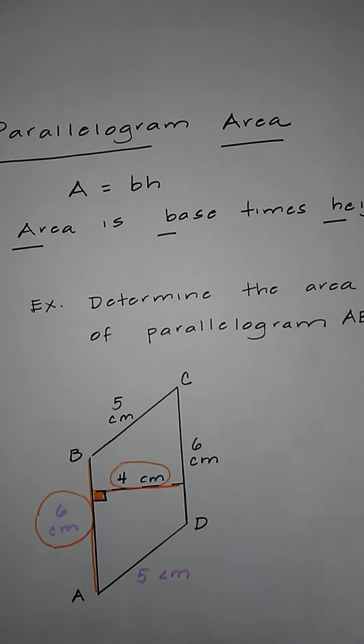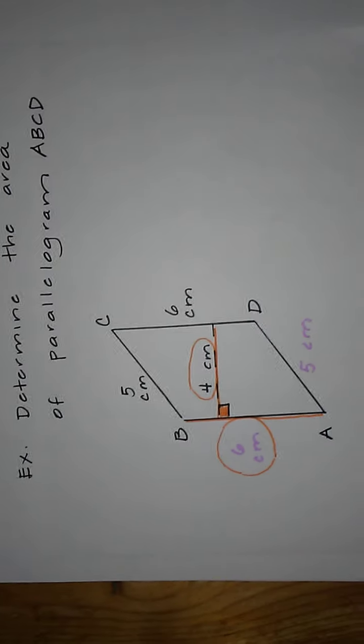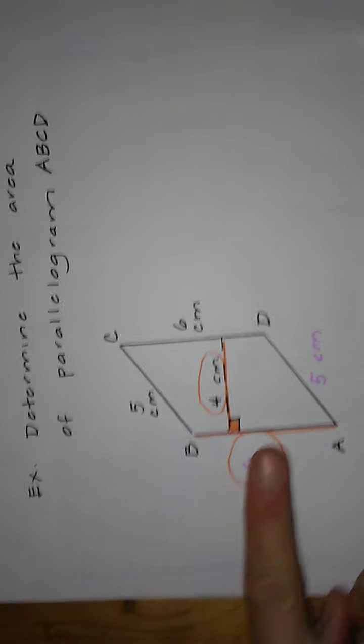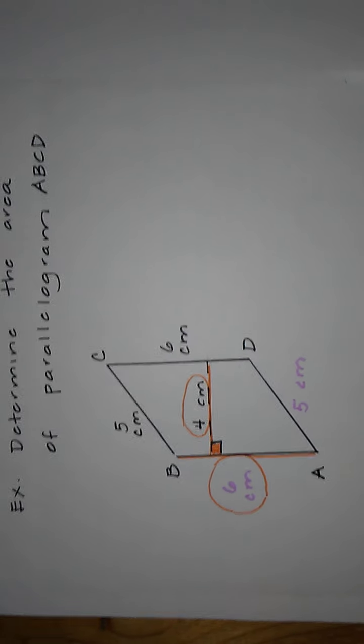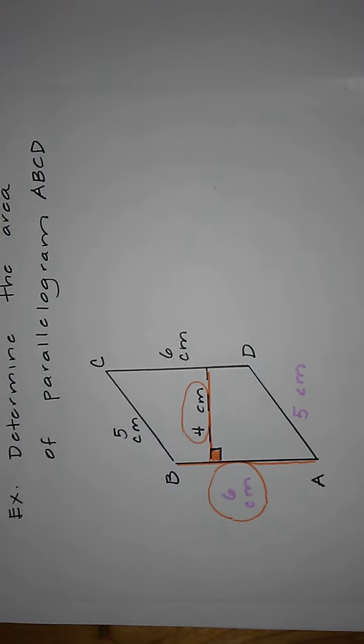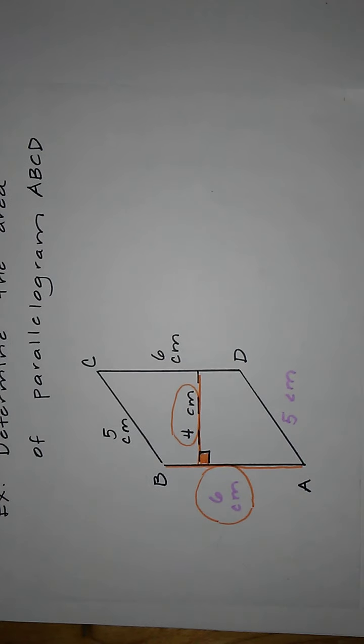Now, for many of us, it actually helps to study the diagram this way for a moment. Base of 6 and height of 4. And remember, for your calculations, I don't mind if you work with the picture in a position that helps your mind focus on what you need.